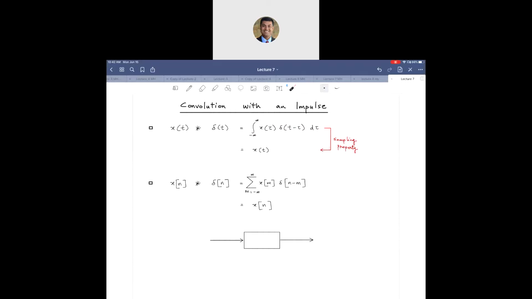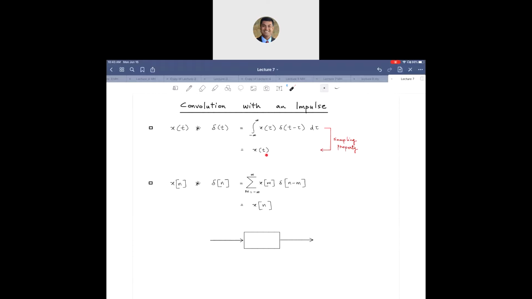This can be written as x of t because that is essentially the sampling property. You're taking x of tau, you're multiplying with an impulse at tau, that will give you x of tau delta of t minus tau, and you are integrating from negative infinity to infinity, which means that the impulse is included in that integration. So it just simply gives you x of t.